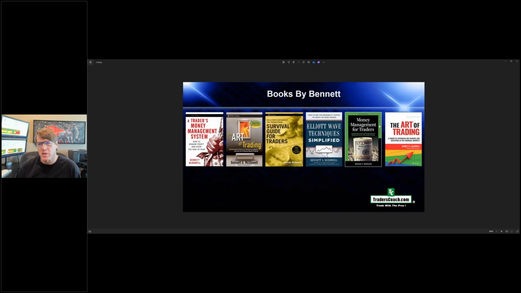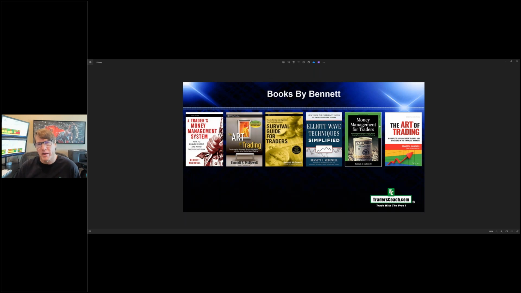All right, a couple books I want you to notice here are the money management books. I've got a comprehensive book on the far left called The Trader's Money Management System. And then my second book from the right is Money Management for Traders. That is a book that I wrote last year.